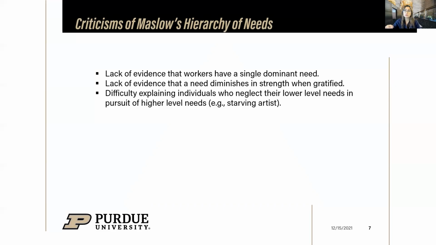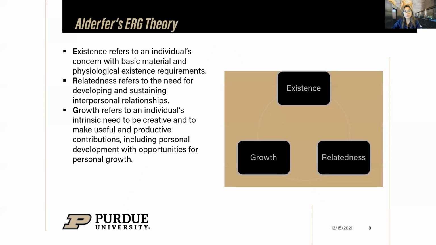People might still be more focused on that need as compared to their self-actualization. And then there is the difficulty in explaining individuals who neglect their lower level needs in pursuit of higher level needs. So although the base is the physiological needs, there are people who just ignore those needs and go on to the higher level of needs and try to access those.